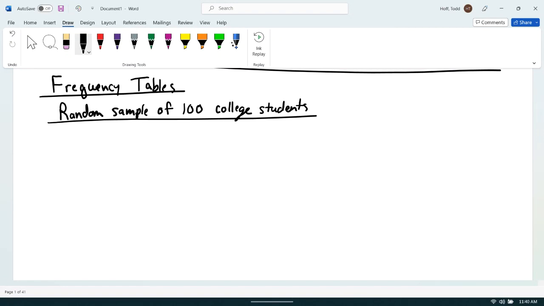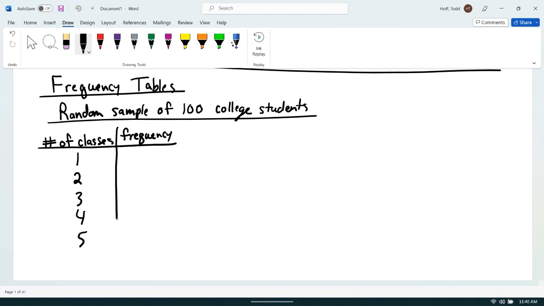So our frequency table is going to be number of classes. And then over here will be the frequency. In other words, how many students reported taking that many classes. So we have 1, 2, 3, 4, or 5 classes.